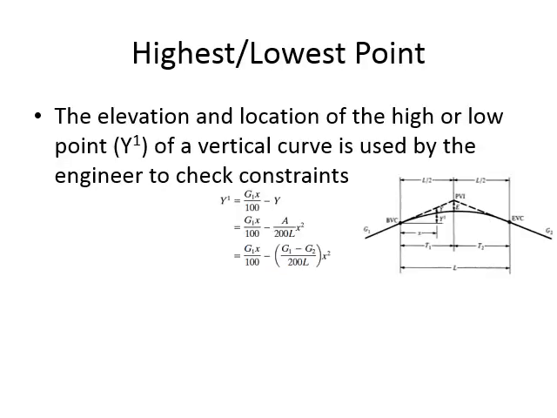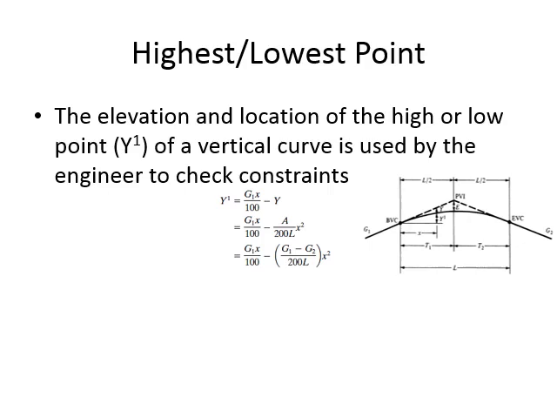Now let's say we want the elevation of the highest point of the curve or the lowest point of the curve. Sometimes the curve is passing under a bridge, so we want to make sure that the highest point of the curve has enough distance between the curve and the bridge. Sometimes the curve is passing over an underground cable or something, a pipeline maybe, so we want to make sure that the lowest point of the curve is well above it.